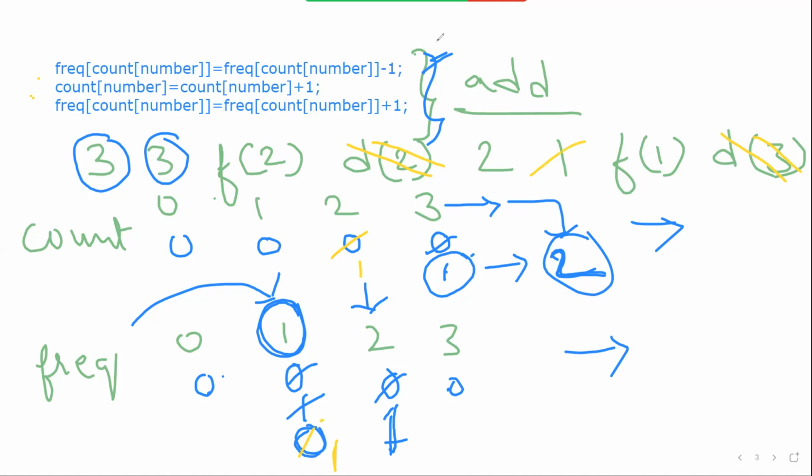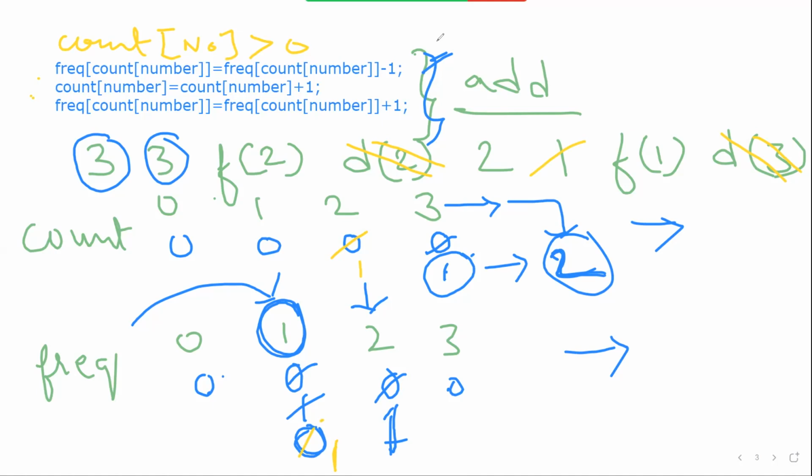Again, we will see whether count of number is greater than 0. Only then are we going to perform the first step. We don't have count of 1 greater than 0.